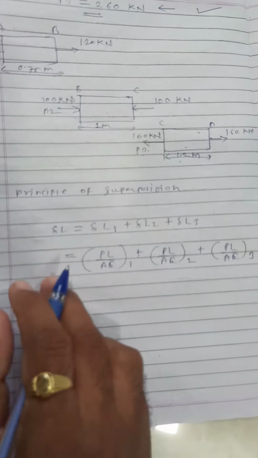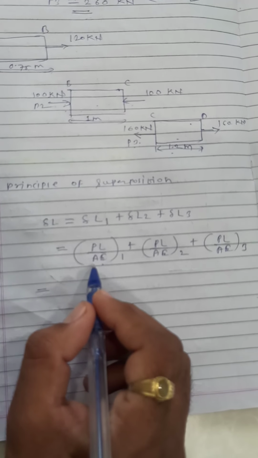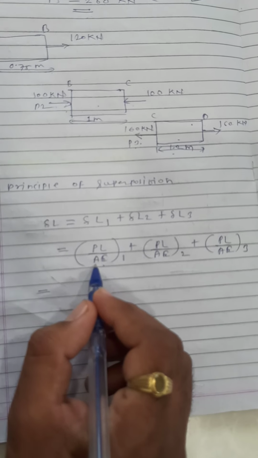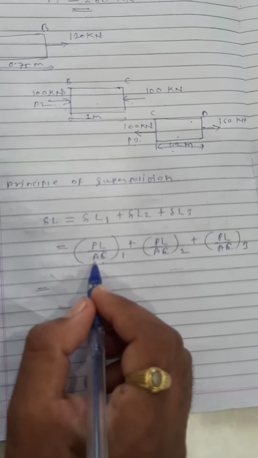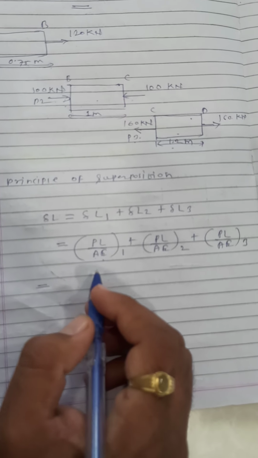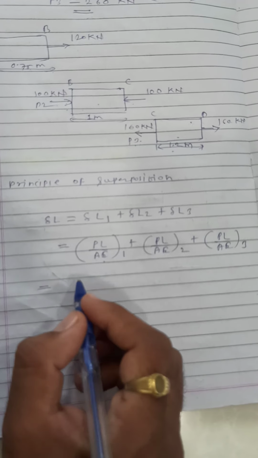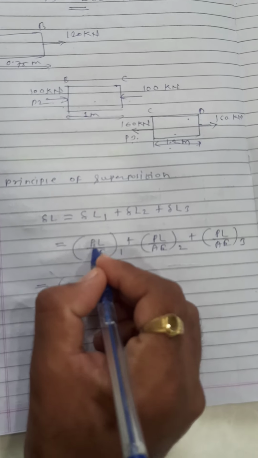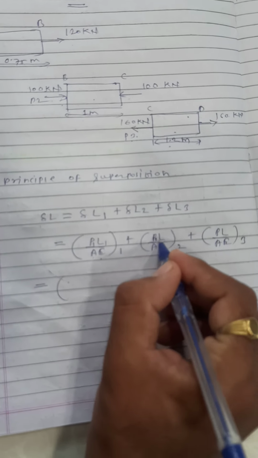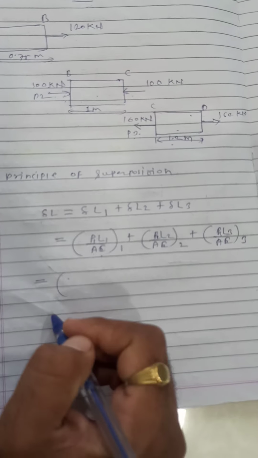Okay, so put all such values in this equation. The value of A is also given for the specific cross section, so put all the values: PL by A, that is P1 L1, P2 L2, P3 L3.